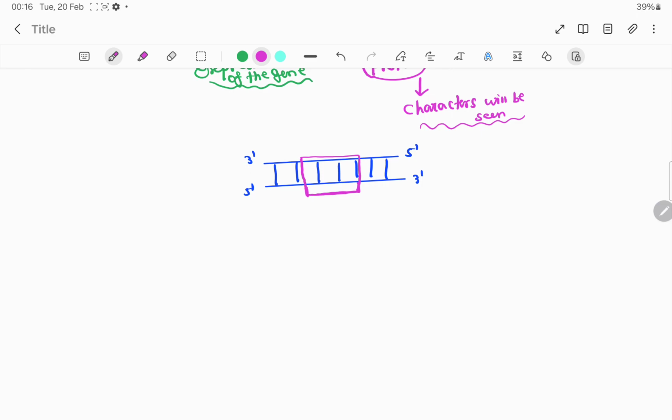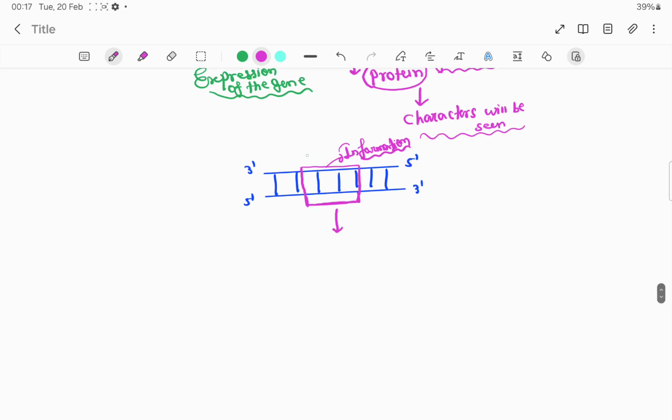In that portion there will be information for making a particular protein. Now this part is considered as the gene.